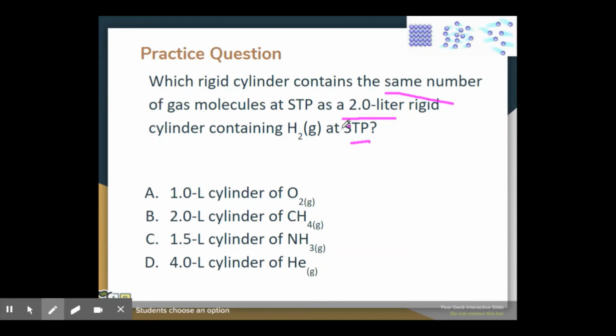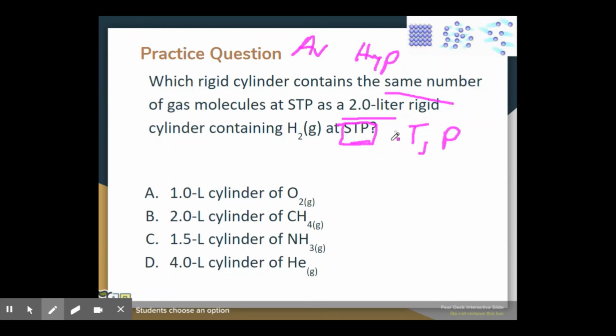So they're telling you that it's at STP. Remember, STP stands for standard temperature and pressure. So all of these gases are under the same temperature and they're also under the same pressure. According to Avogadro's hypothesis, though, they have to be under the same conditions, and those conditions are pressure, volume, and temperature.